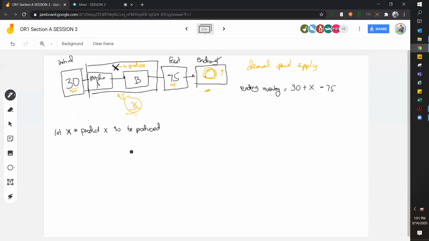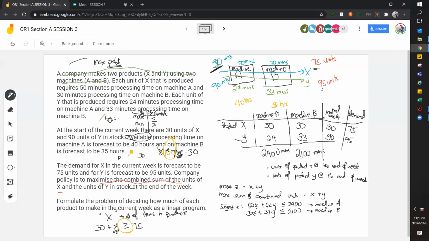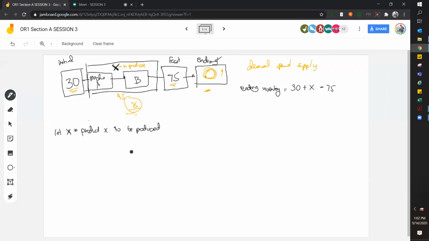Now, what is our objective? Let's go back. At the end of the week, maximize. At the end of the week means the inventory at the end of the week. Agree? So how do we represent that? The ending inventory at the end of the week is equal to?